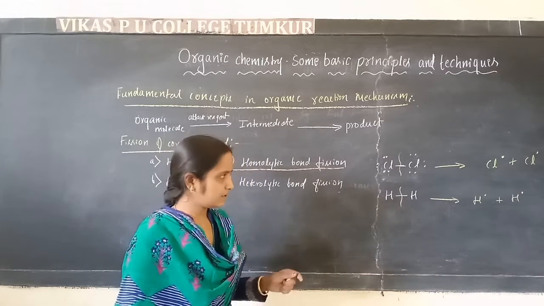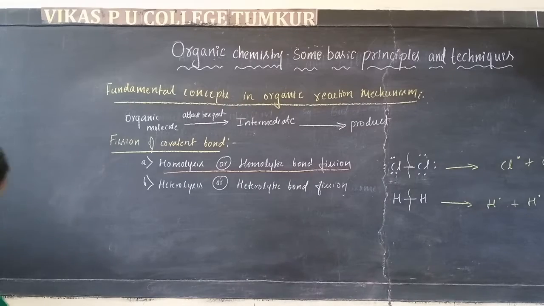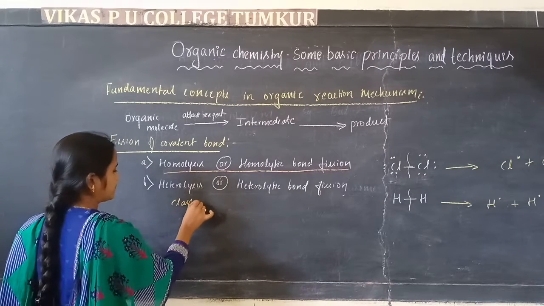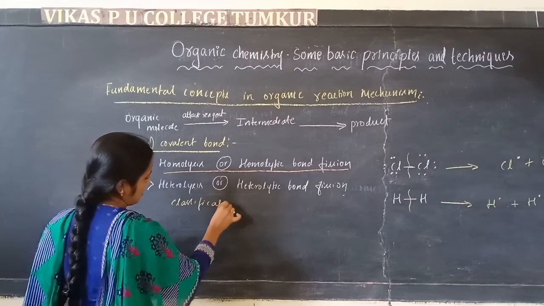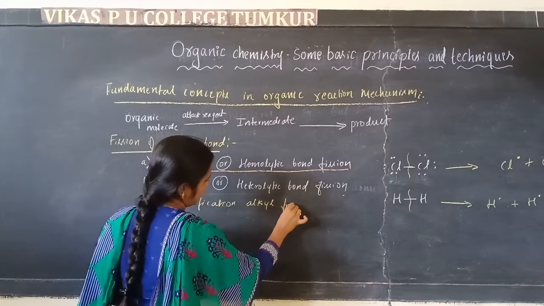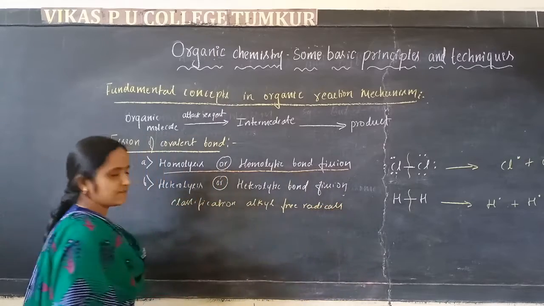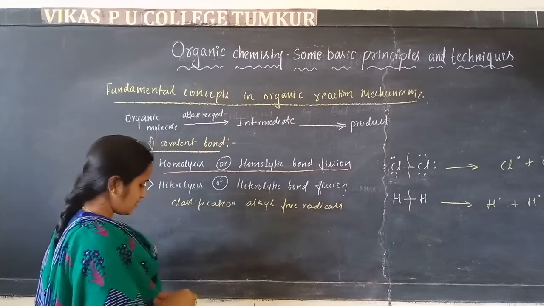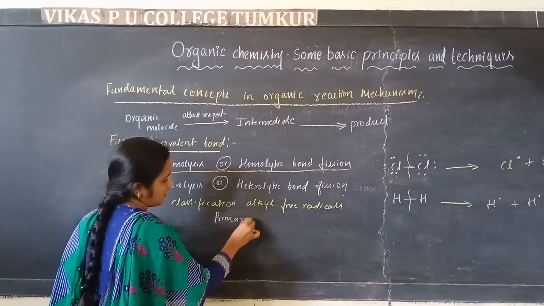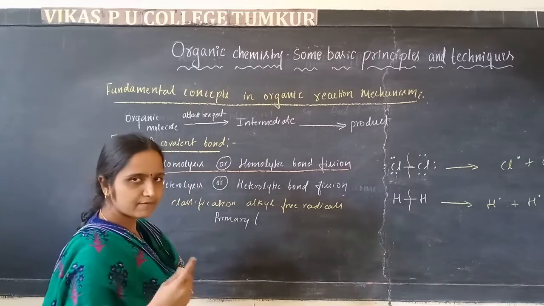These are alkyl free radicals. Now the classification of alkyl free radicals: the first one we call primary, which is attached to only one carbon.